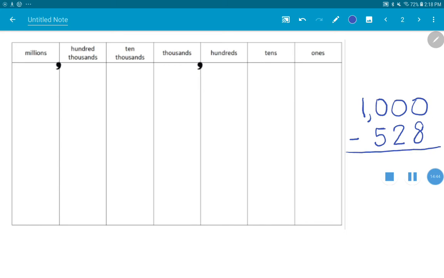1,000 minus 528. How would I put 1,000 on my place value chart? What would I do, Bryce? A 1 dot on the 1,000. Yeah, easy as that. Is that going to be very helpful for taking away or crossing out 528?